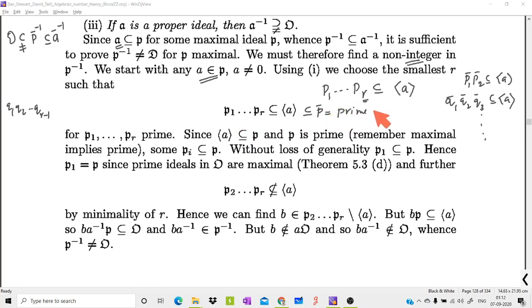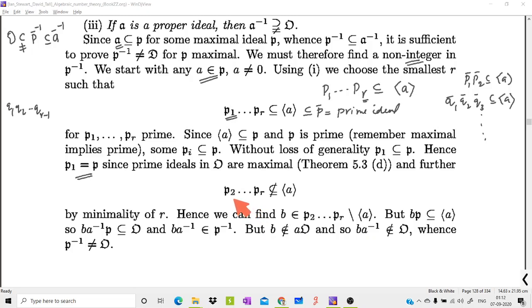Then we have a product of some ideals contained in a prime ideal, so we can say that one of them is contained in P. Without loss of generality, we can choose P1. P1 is contained in P, and these two are maximal ideals right now. So we can say that P1 is the same as P, since the prime ideals in O are maximal ideals, so they coincide.